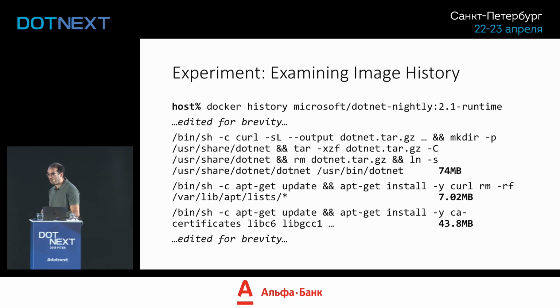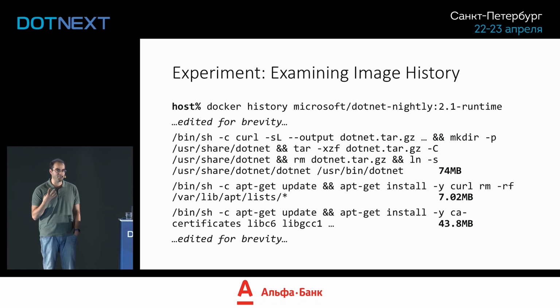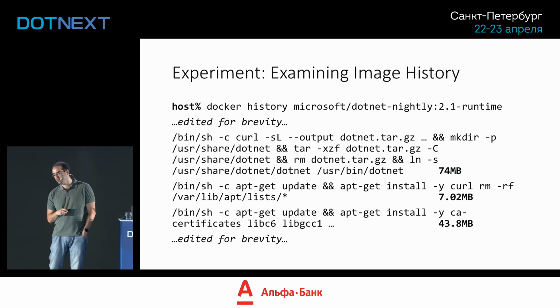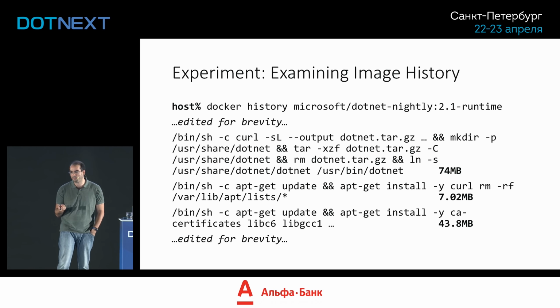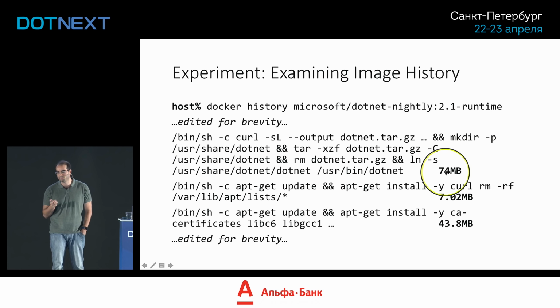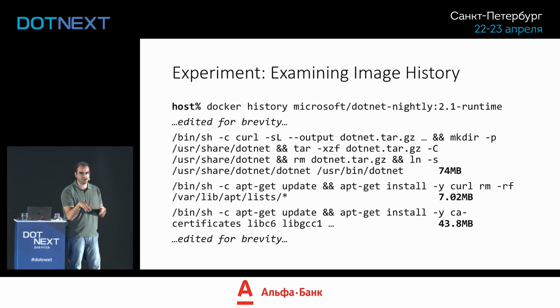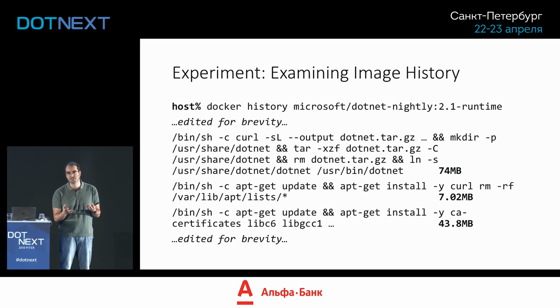So docker history is the command that shows you all these layers and how big they are, how expensive they are. So this is, for example, the .NET Nightly 2.1 runtime image from Microsoft. And the biggest layer here is the one that actually pulls the .NET installation and extracts it to /usr/bin/dotnet.